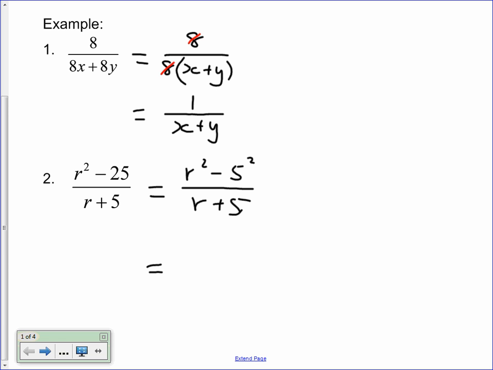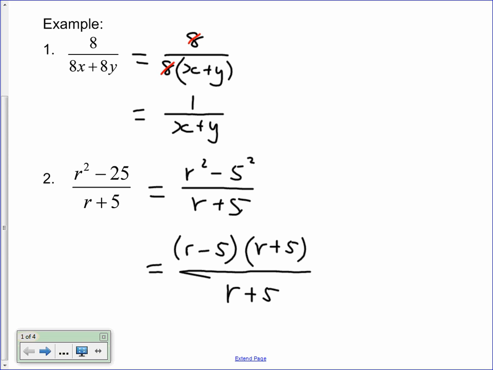The factors are r minus 5 in a bracket and r plus 5 in a bracket. Good, excellent, well done, Brittany. Then you can cancel it out.